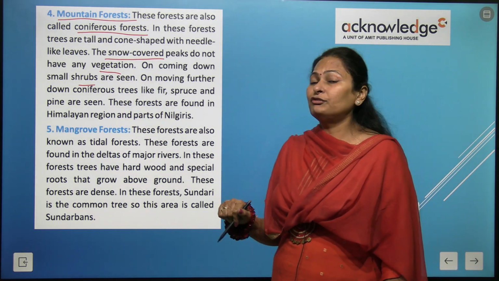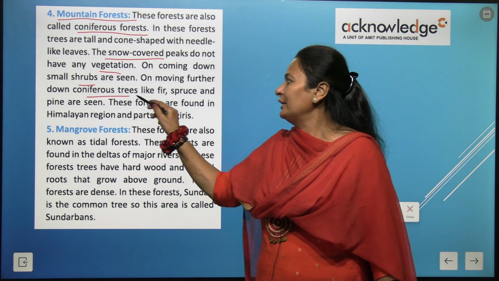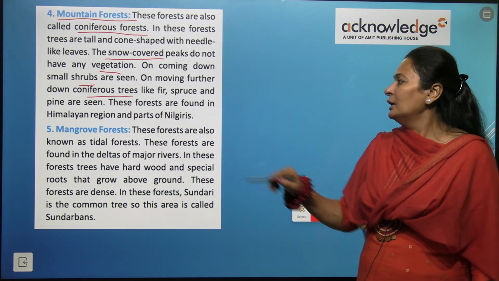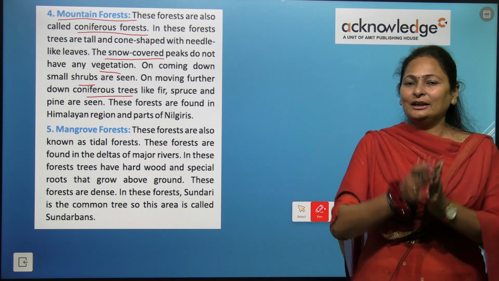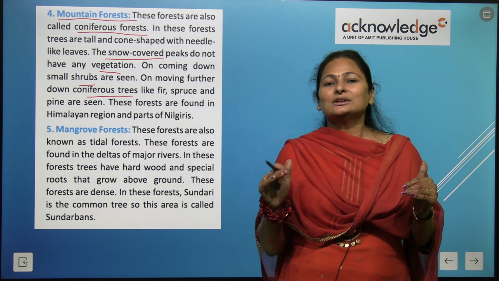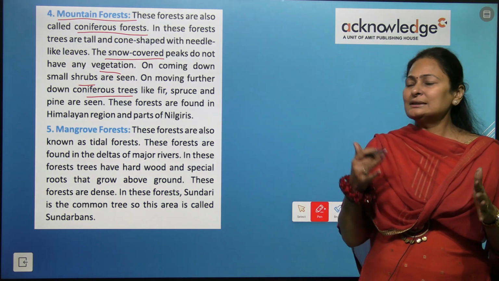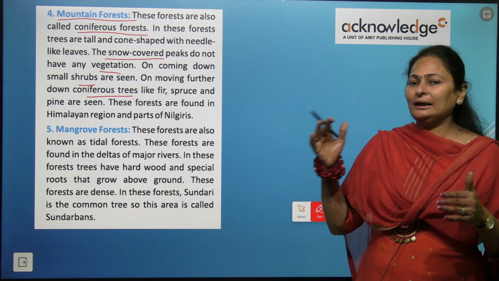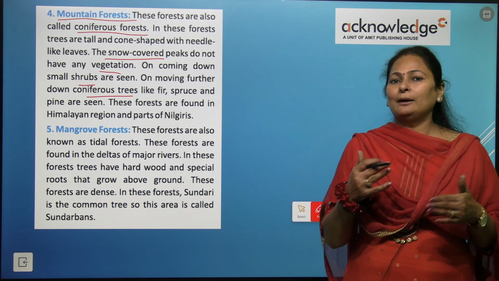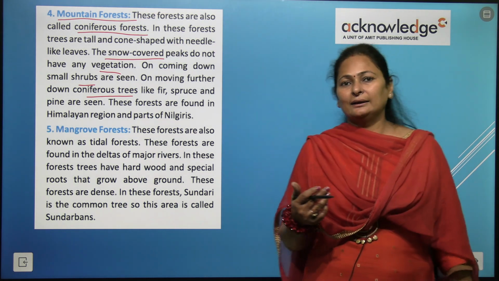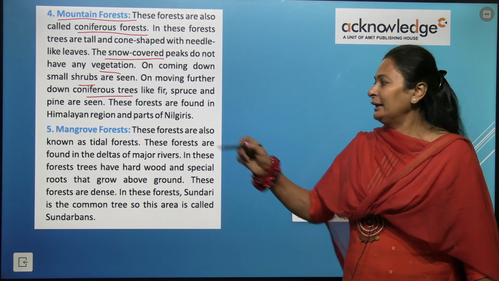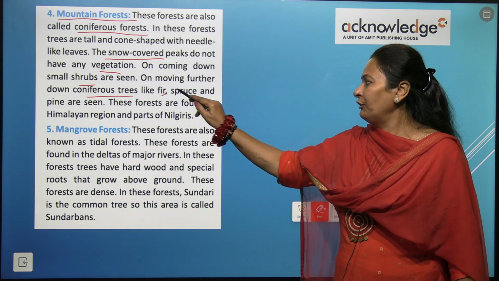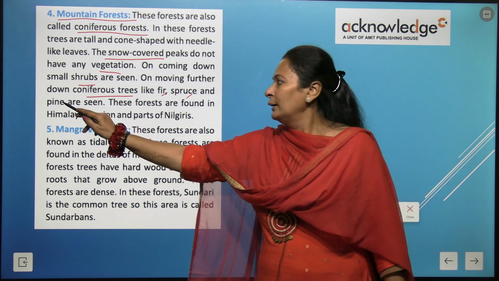And on moving further down, coniferous trees like fir, spruce and pine are seen. Now the Shivalik range, or the foothills. The third one is Shivalik. You will find these types of forests there, and that is why we call them coniferous trees. Examples are fir, spruce and pine.